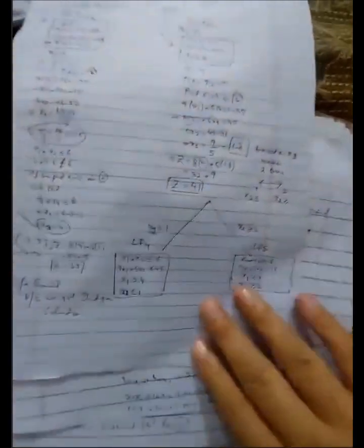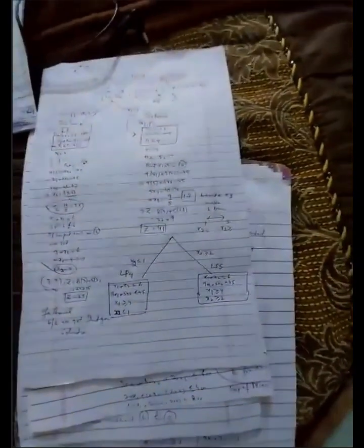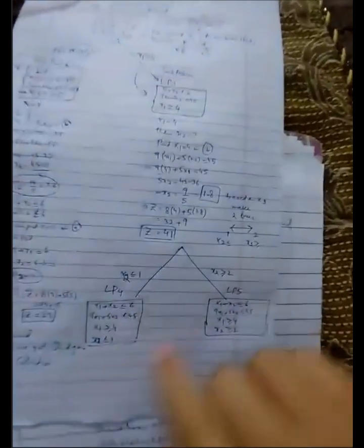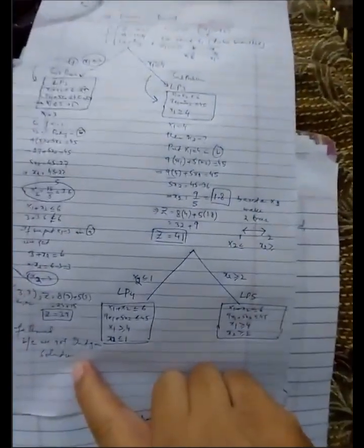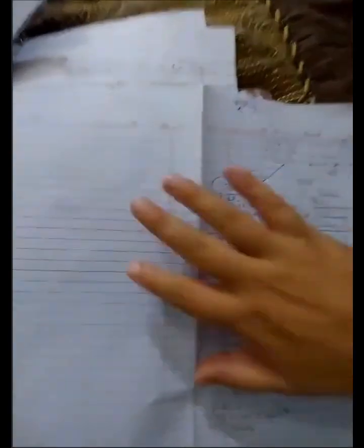Now we will solve both of these trees and see which one gives us a solution better than this 39, and still in integers, since we are in search of the integer solution.